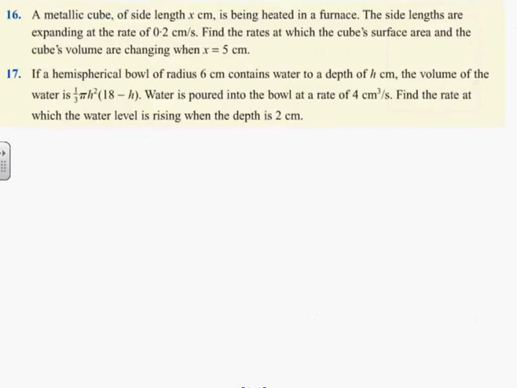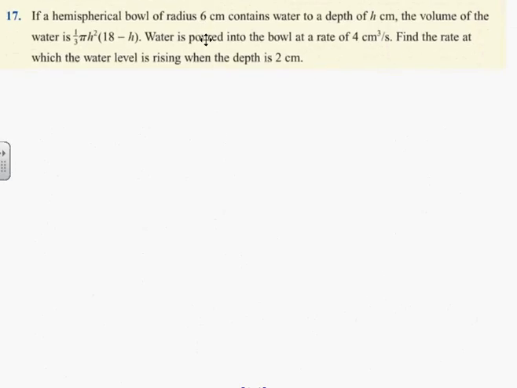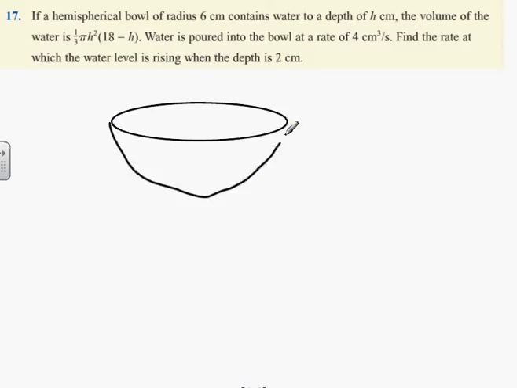Hemisphere question. Okay. Now, this one's an interesting one, right? So you have a hemispherical bowl. Always helps to draw a quick diagram. There's your hemispherical bowl there. Now it has a radius of 6, and that's including the way down as well.